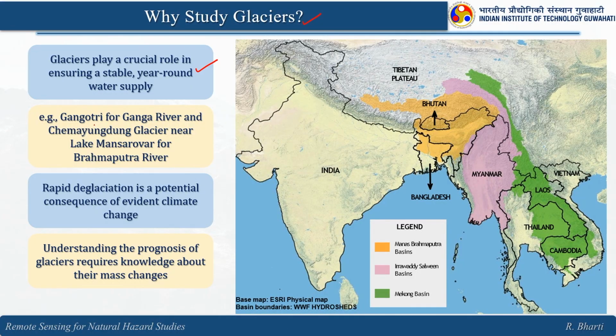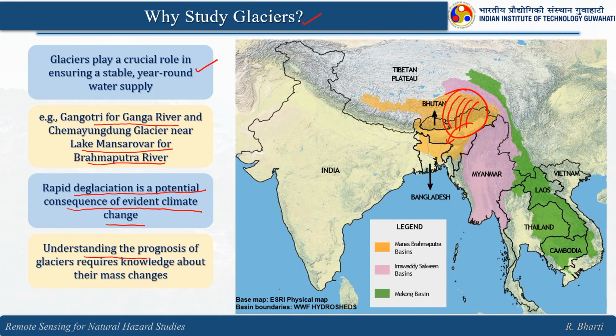For example, Gangotri is responsible for the Ganga river, and the glacier near Lake Mansarovar is for the Brahmaputra river. Rapid deglaciation is a potential consequence of evident climate change, because if there is a change in temperature, pressure, or any atmospheric components, that is directly impacting the glaciers.